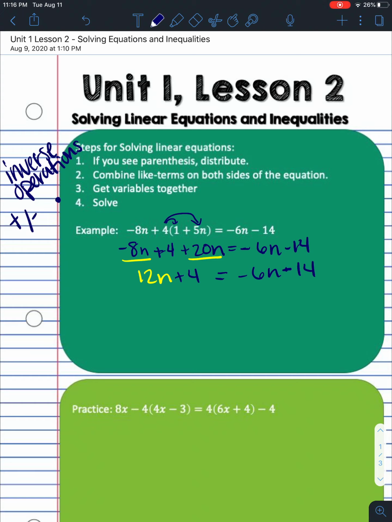The inverse operation of multiplication is division. Inverse operations undo each other.